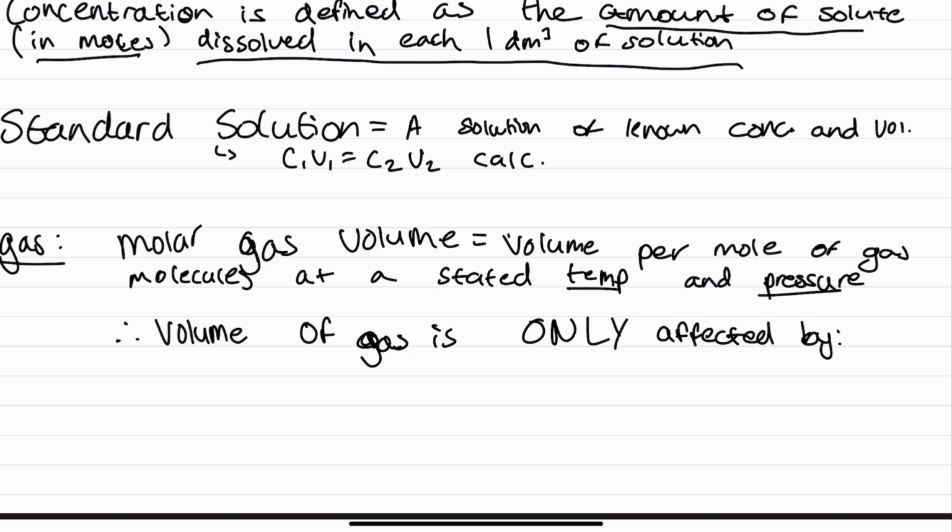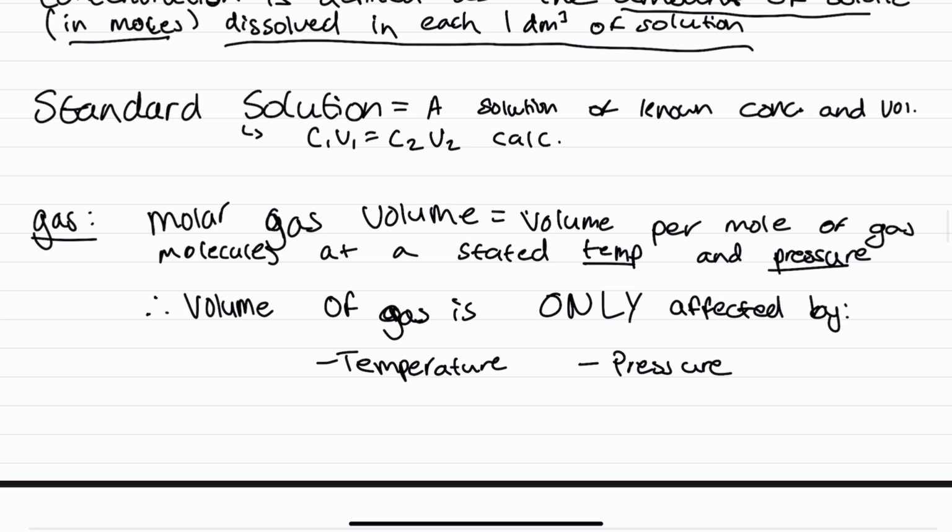Therefore, with this definition, we can conclude that the volume of a gas in a specific area is only affected by the temperature and the pressure. Nothing else will affect the volume of a gas. Now, as you can tell from this definition, the temperature and pressure when doing calculations for gases really does matter. It will change how the equation will go.